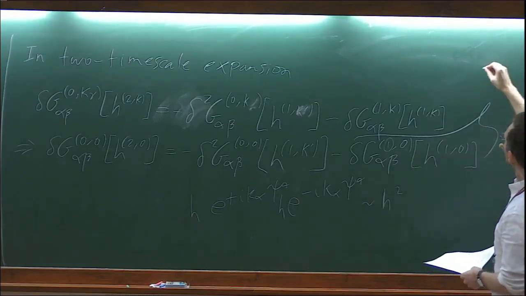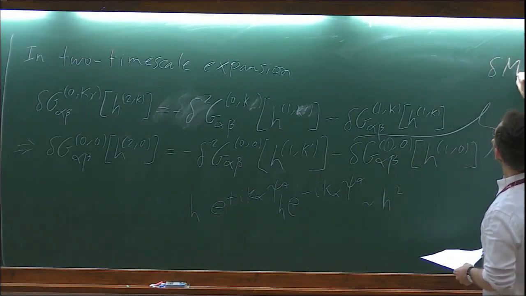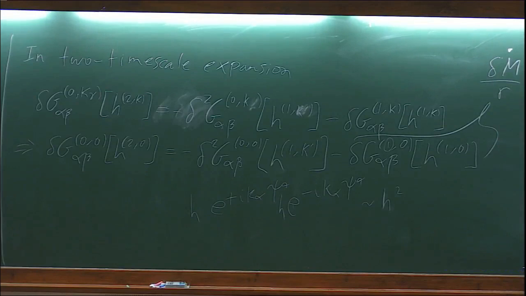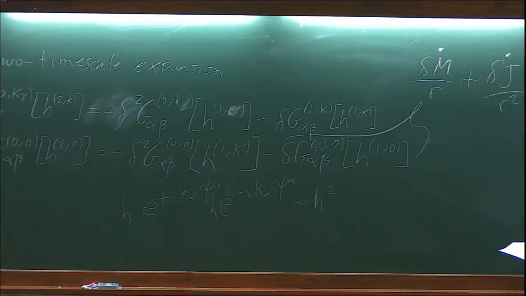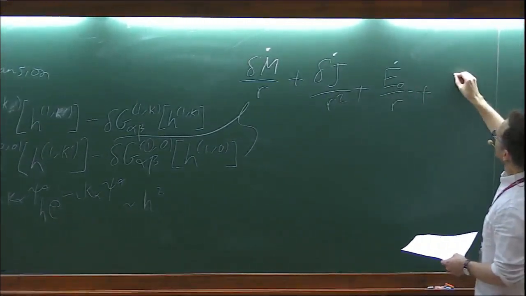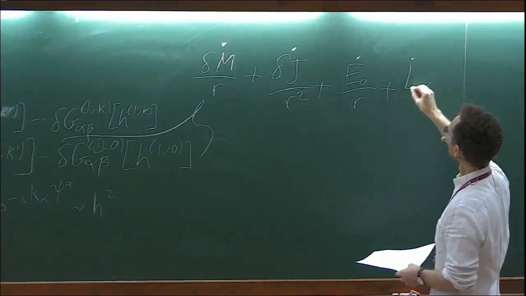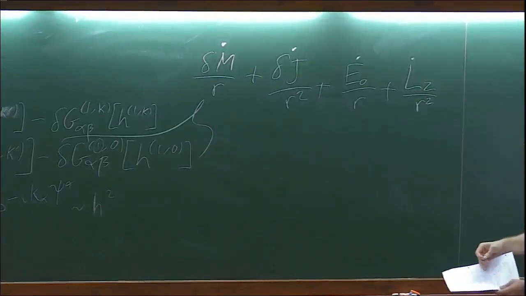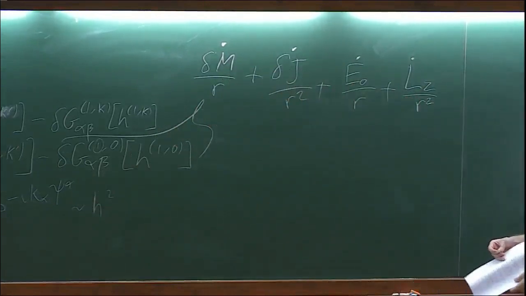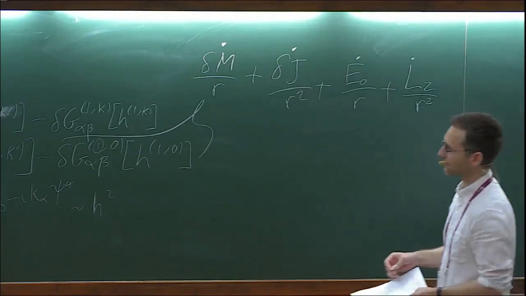So this thing here is going to look like delta m dot over r plus delta j dot over r squared, with maybe some other radial dependence coming from the radial dependence of this, plus E naught dot plus LZ dot. So it's in here where the rates of change of the mass and angular momentum come into play in the Einstein equation.